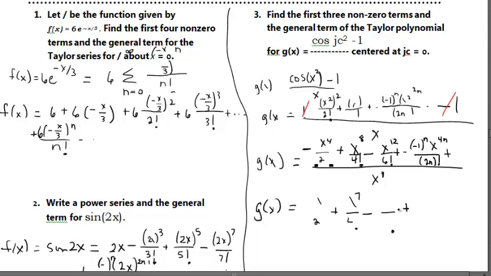Ugh, I turn my head and it's gone. Oh, goodness. x to the 4n minus 1 all over 2n factorial.